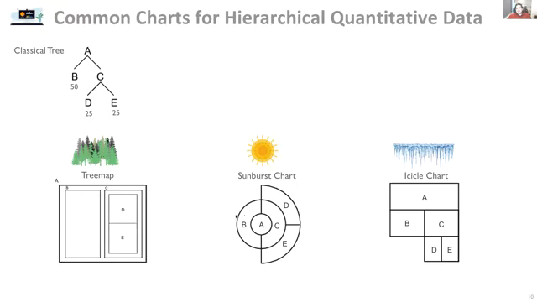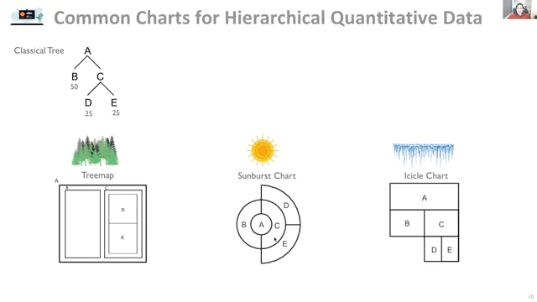And here is the sunburst representation of our hierarchical data. We have concentric circles, as you can see, forming rings, and each node is represented by a curved segment whose angle is proportional to the node's quantitative value. A here is the root, represented by a circle in the center.